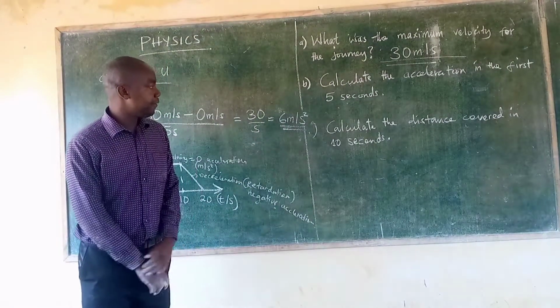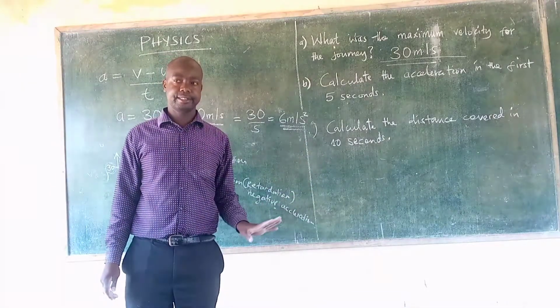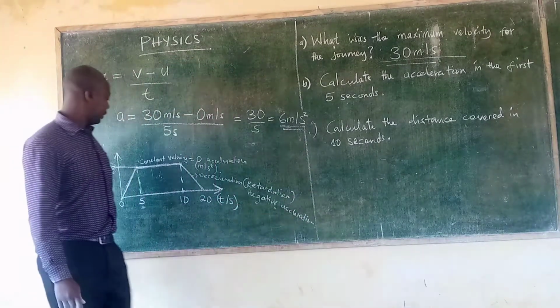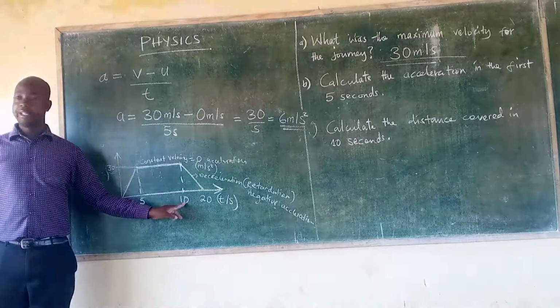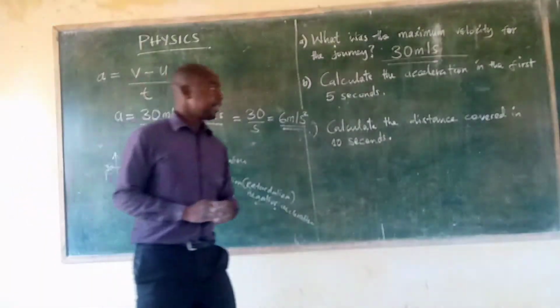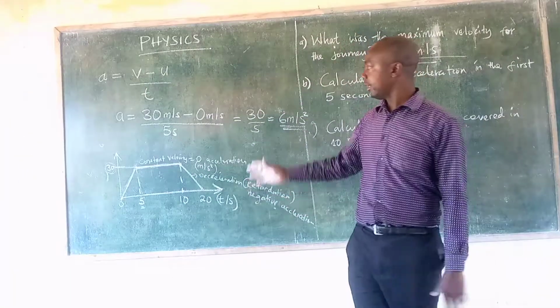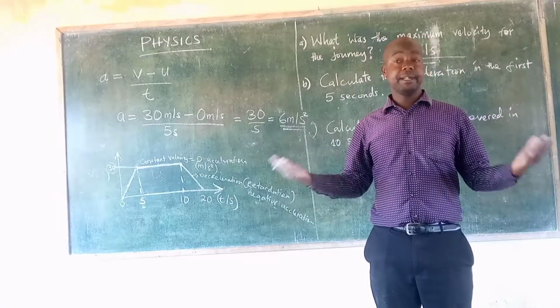Next question we have: calculate the distance covered in 10 seconds. So 10 seconds from the 0 second here. What distance was covered? This is very important, learners. Calculating the distance on a velocity time graph, to some, it becomes a challenge.